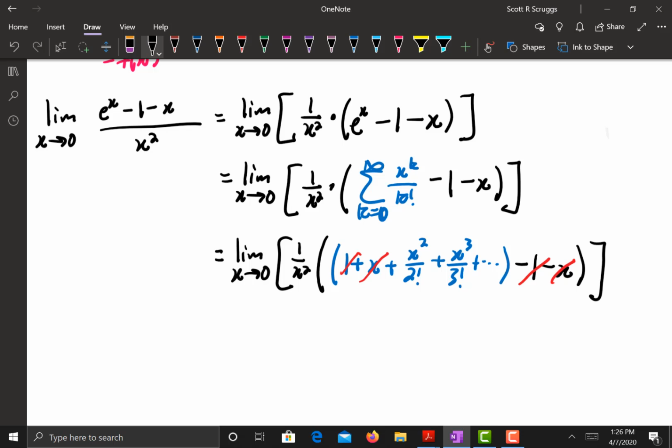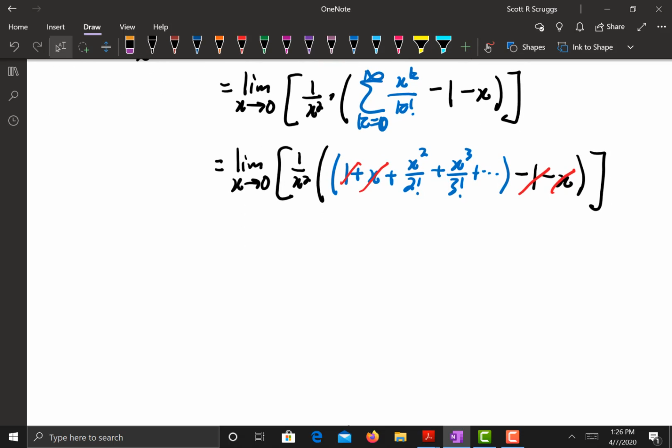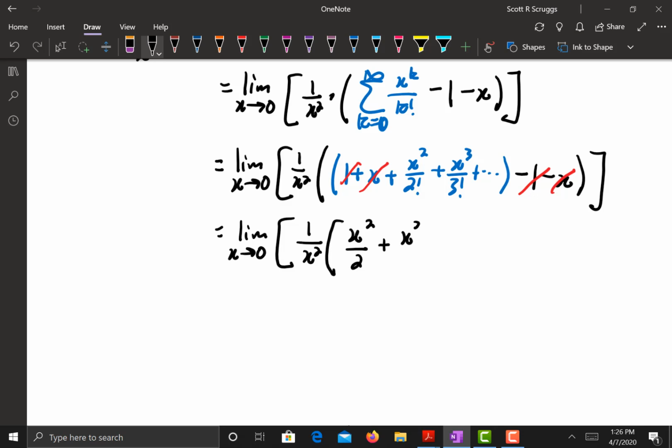Which means this now simplifies to become the limit as x goes to 0 of 1 over x squared, and inside the parentheses I still have the x squared over 2 plus the x cubed over 3 factorial, the x fourth over 4 factorial, and so on.